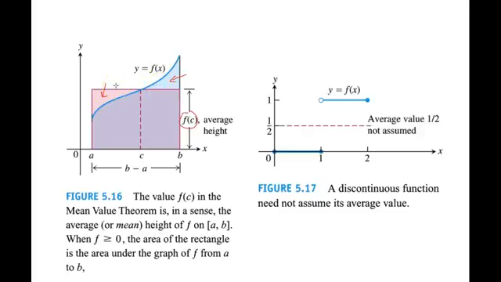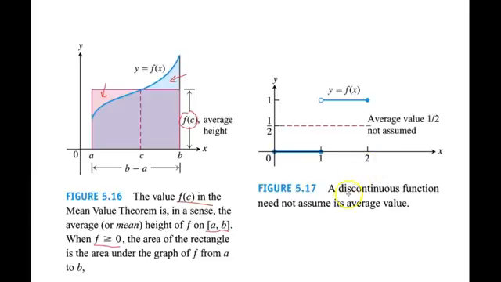Not exactly equal, but approximately. So the value of f of c in the mean value theorem is, in a sense, the average or mean height of the function little f of x on this closed interval. And we also assume that if the function little f is above or on the x-axis, then the area of the rectangle is an area under the graph of f of x from x equals a to x equals b.